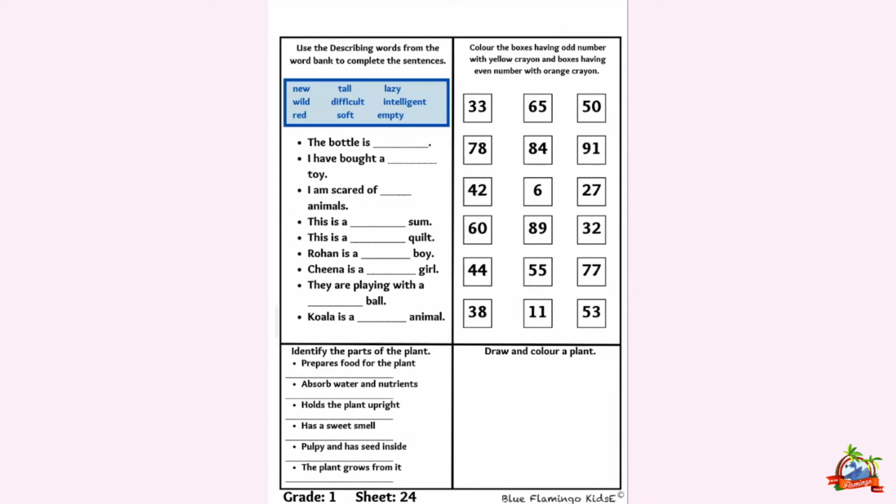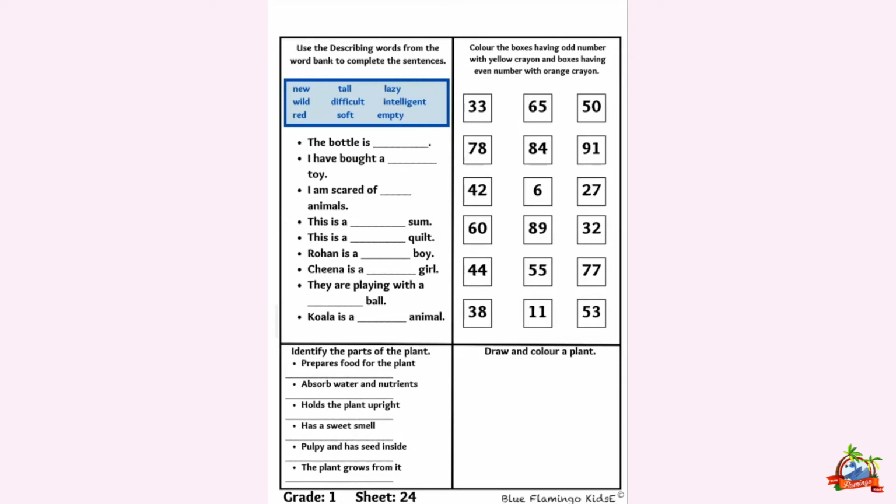But don't make this mistake of pronouncing it as empty. इसको ऐसे pronounce नहीं करते. यहाँ बीच में P लगा है, so you will pronounce it as empty. P will be silent. It will be empty. The bottle is empty.